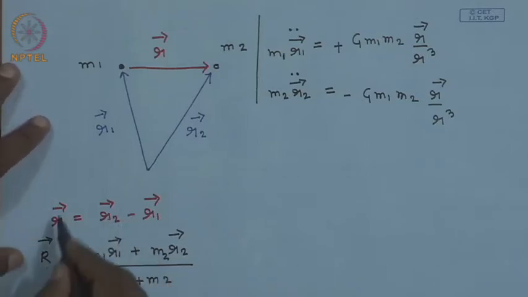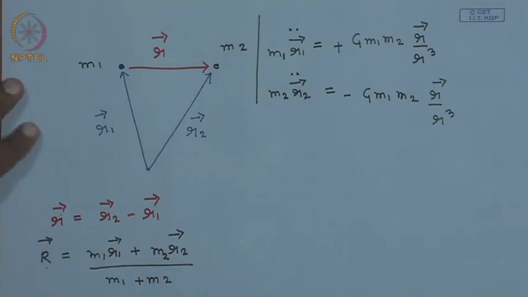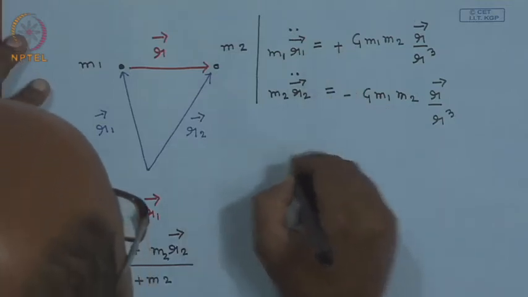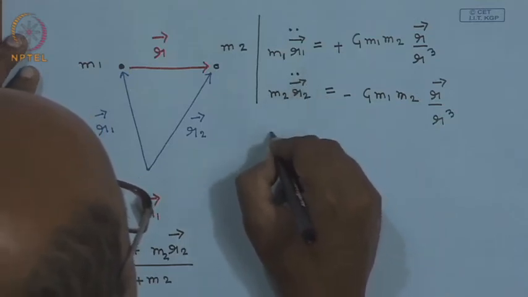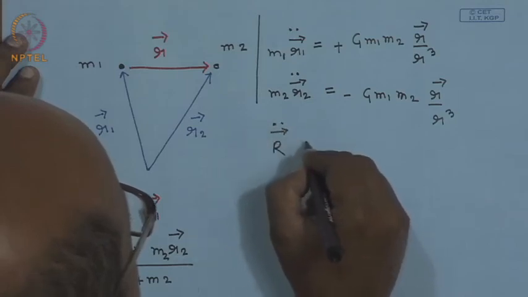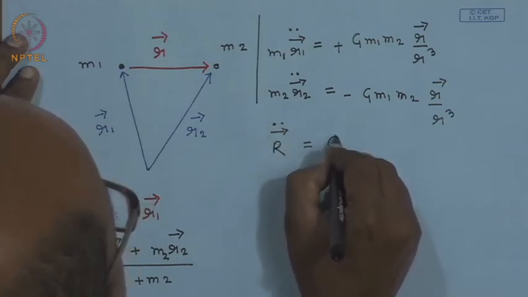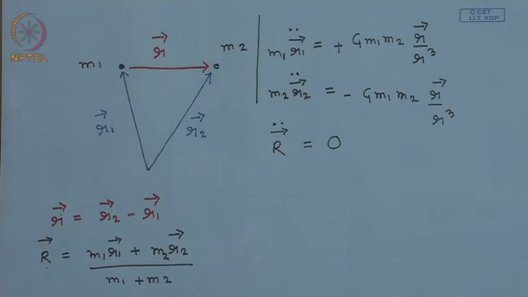So, in terms of these two vectors, what are the equations of motion? So, let us first work out the equation of motion for the center of mass. This can be worked out by just adding these two equations. If I add these two equations, what I get is R double dot is equal to 0. So, what we see is that the center of mass of the two particles moves like a free particle.